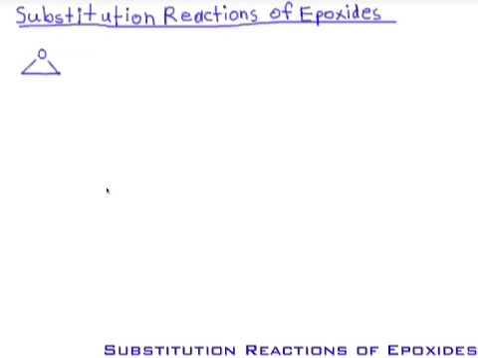Now, the substitution reactions are typically acid or base catalyzed. That means they go much more easily in acid and base, and depending on the conditions, you get some variation in effects.